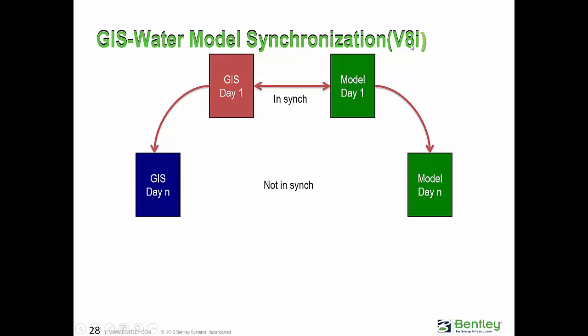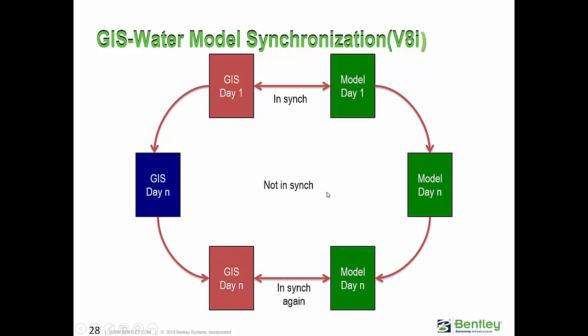So both the teams are working in silos. So both the GIS file and the SewerGEMS file won't be in synchronization, but using model builder you can synchronize both the GIS file and the SewerGEMS file after any duration of time, right? So you can do wastewater model synchronization.